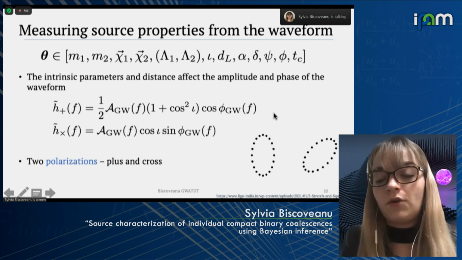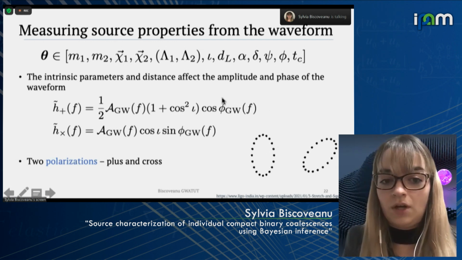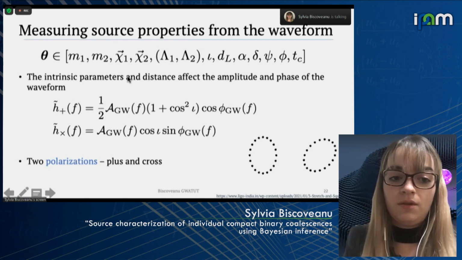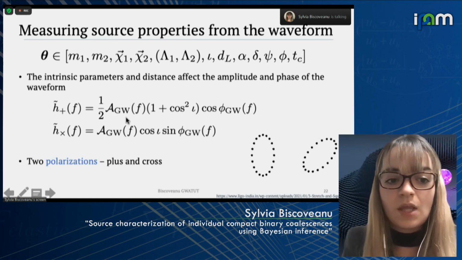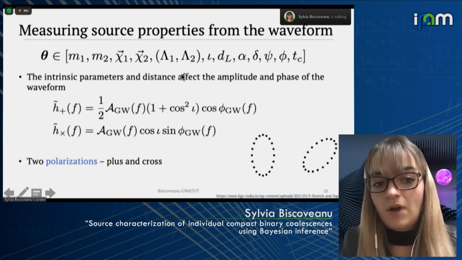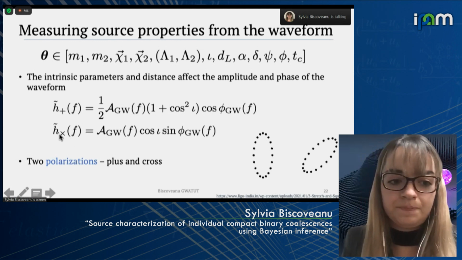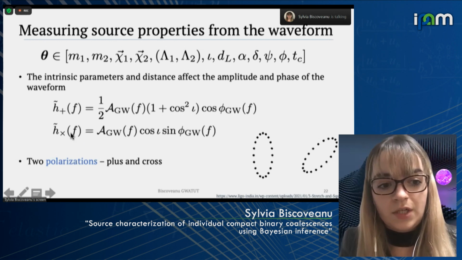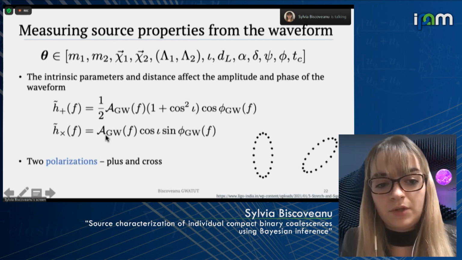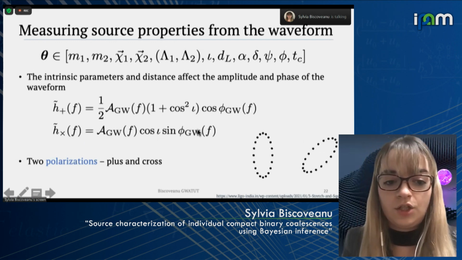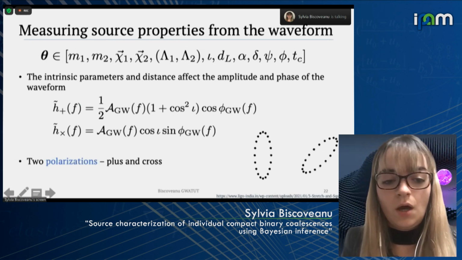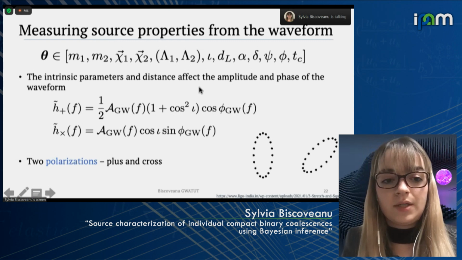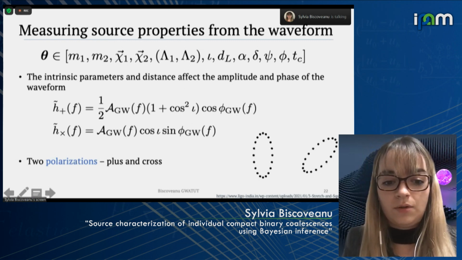This is the overall phase of the gravitational radiation, which depends on the intrinsic parameters of the source, like the masses and the spins. And the amplitude also depends on those parameters and also the distance. And for our cross polarization, we have that it's equal to the amplitude times the cosine of the inclination times the sine of the gravitational wave phase. Okay, so the intrinsic parameters affect the waveform via the amplitude and the phase.